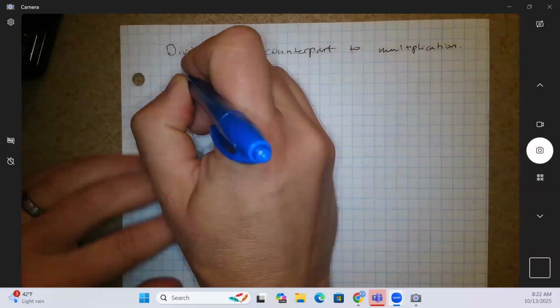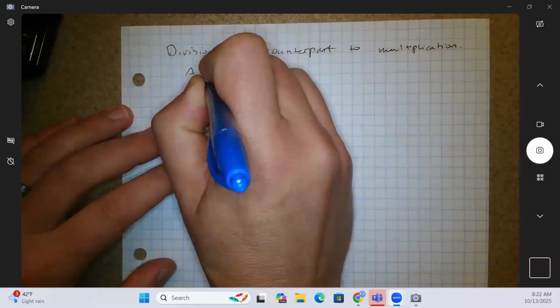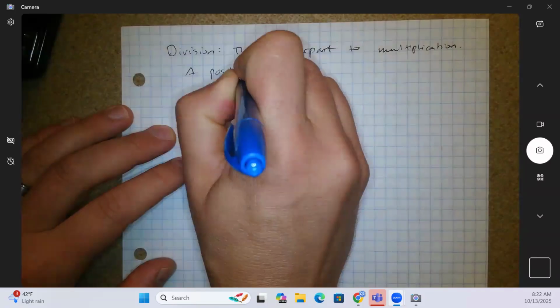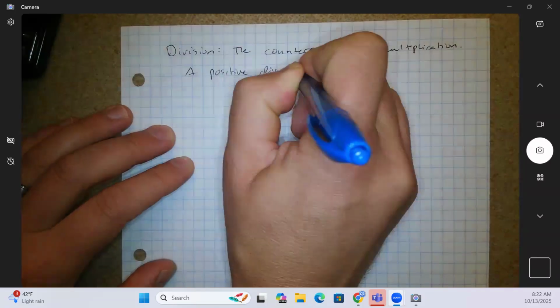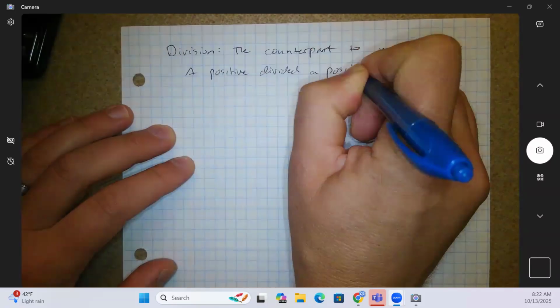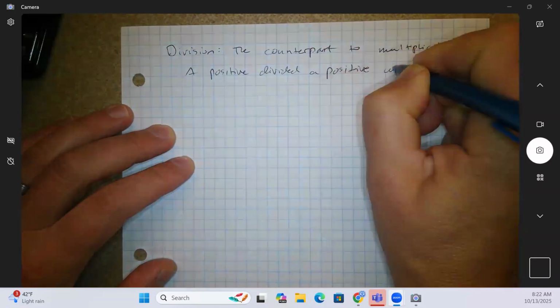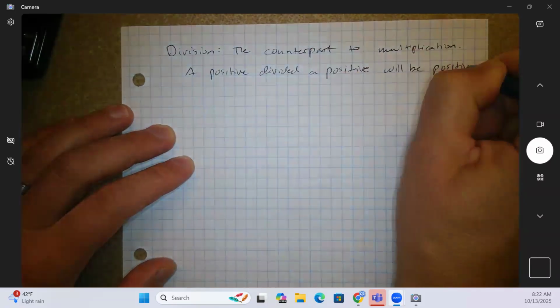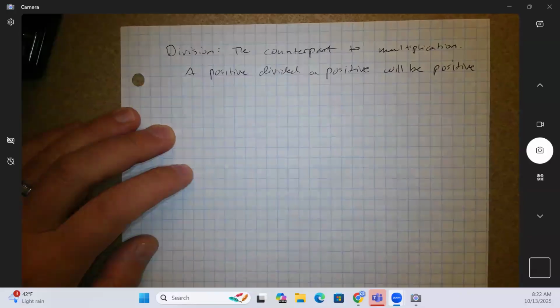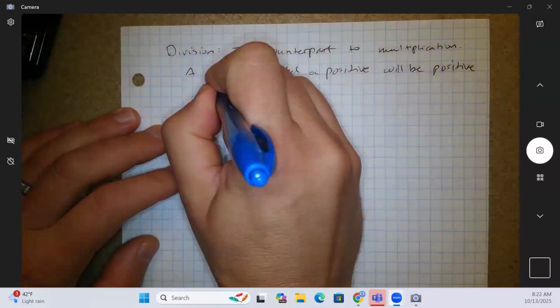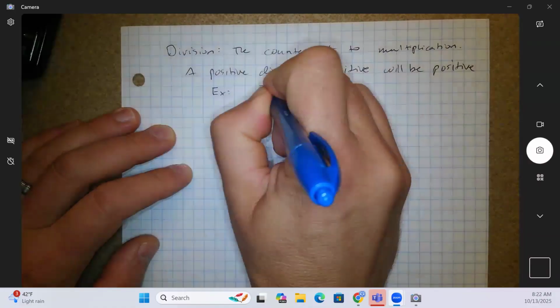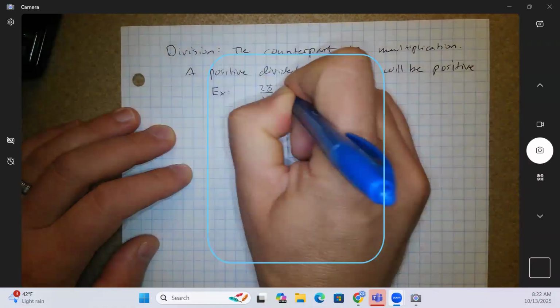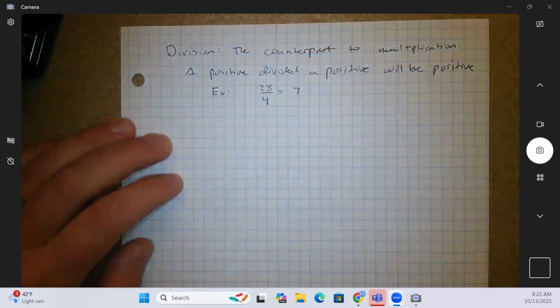So a positive divided by a positive will be positive. An example: 28, which is positive, divided by 4, which is positive, equals 7, which is positive.